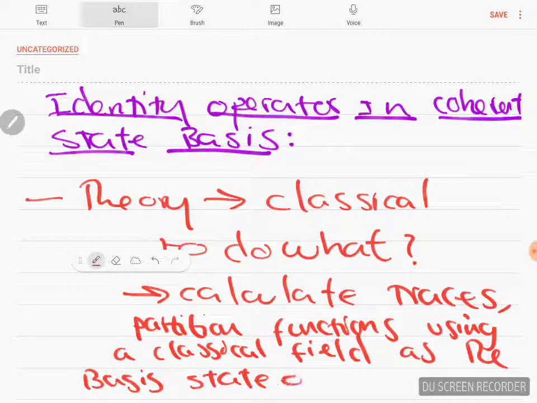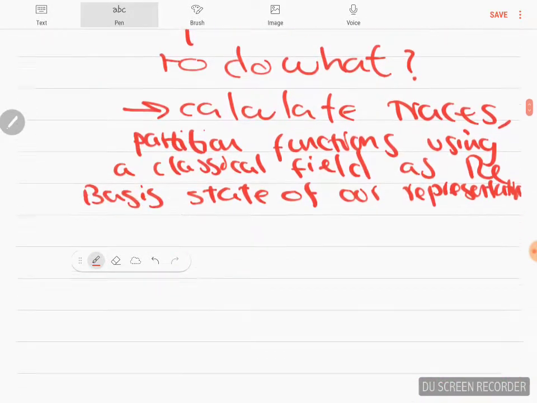So this is the main task. We want to calculate traces or partition functions where the state in which we're representing our quantum mechanical system is the most classical state that we can possibly find.